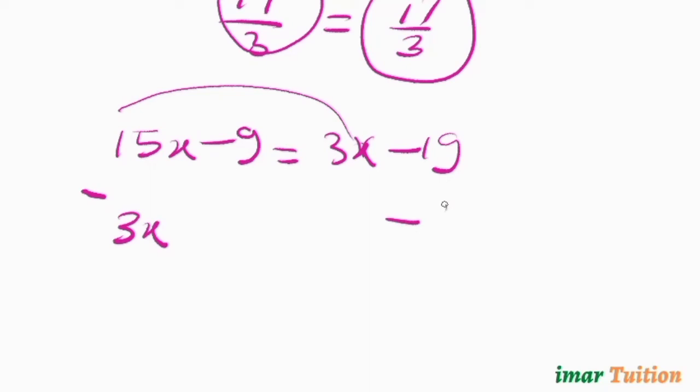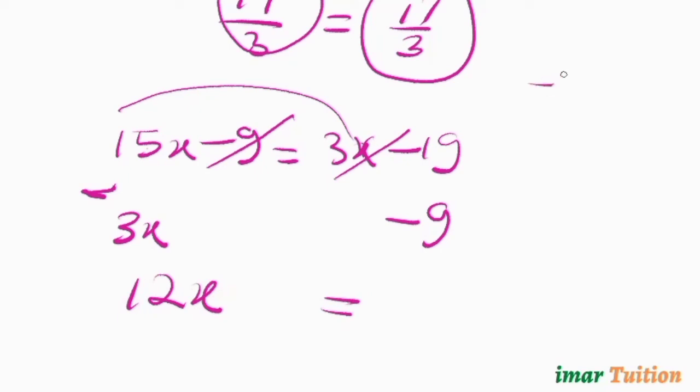In this case, there is a minus in front of 9 there. So this is gone. This is gone. So here we'll have 15x minus 3x. That will give us 12x to be equal to minus 19 minus 9.